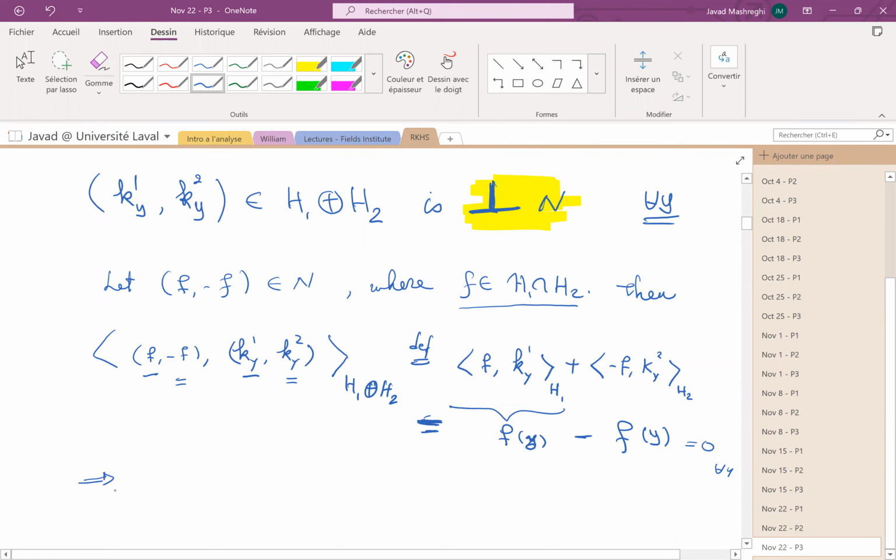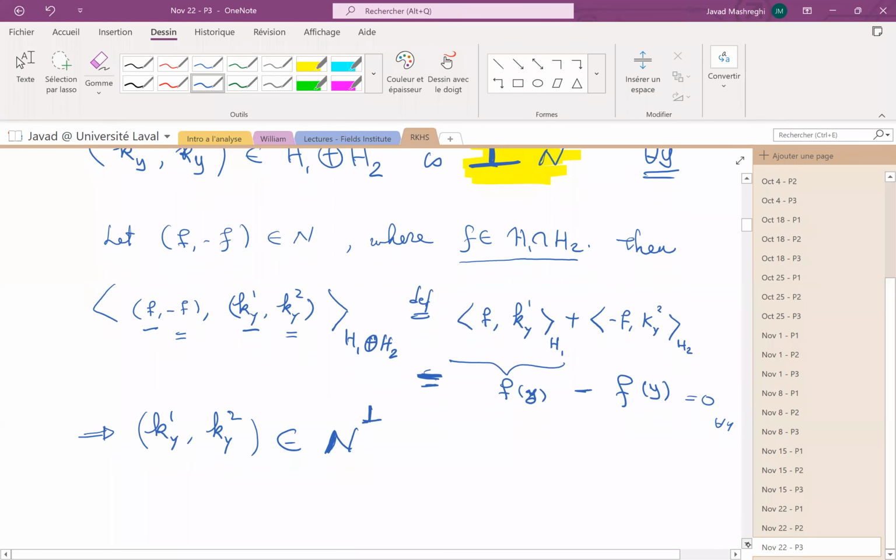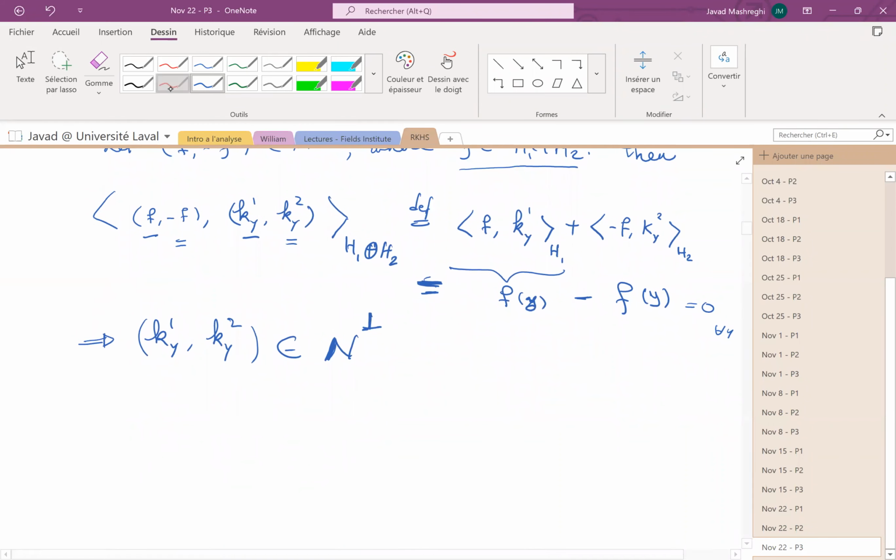And that is why (k_y^1, k_y^2) is orthogonal to N, or it's an element of N perp. Belongs to N perp. That is going to play an important role now.